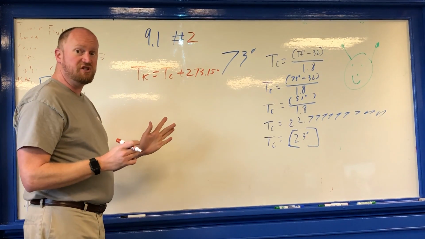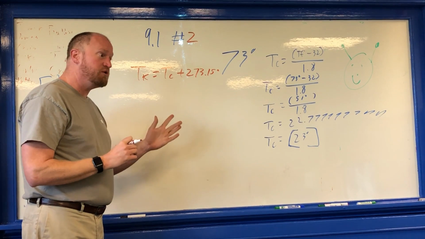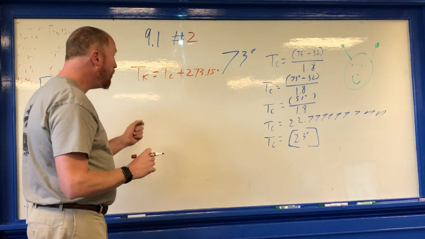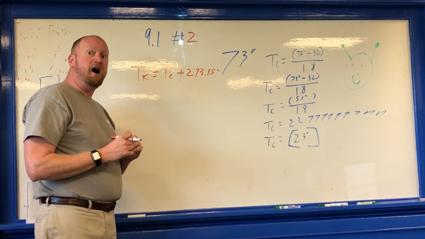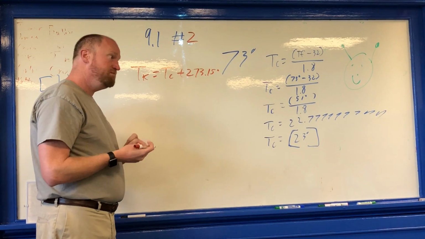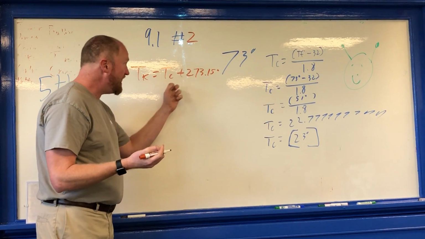The reason for this is the Celsius scale zeros at the freezing point of water, and the freezing point of water is 273.15 degrees above absolute zero. So we just take the Celsius temperature and add that.